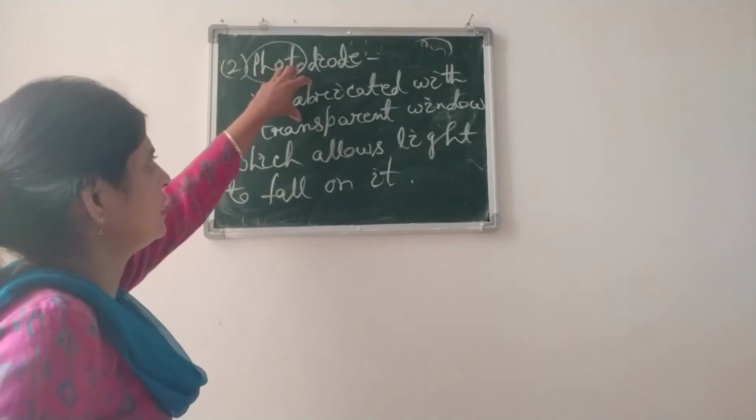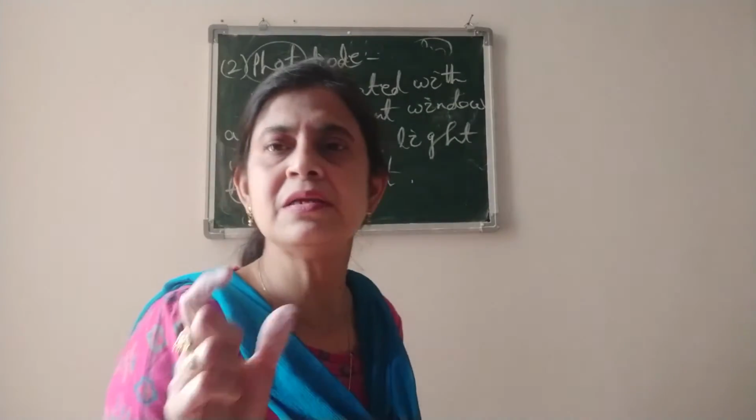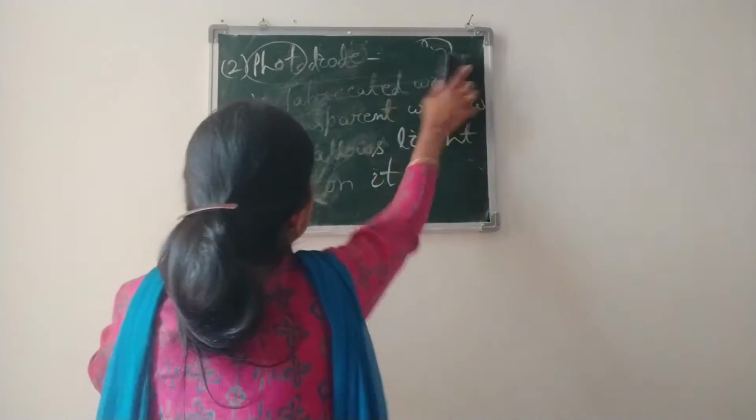And the photodiode works on the principle of reverse biasing. Now, what is its working and what is its symbol?